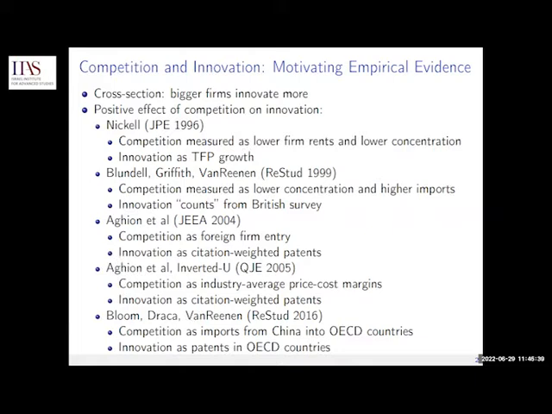For example, one possible link between trade and innovation is that the more people I can potentially match up with, the more chance I have of learning something specific that's going to give me a technology boost. And there are papers that have looked at this.